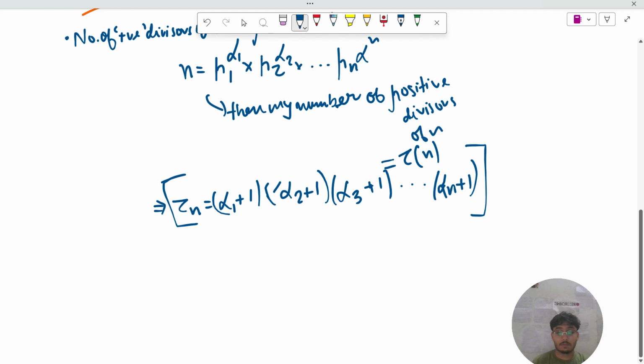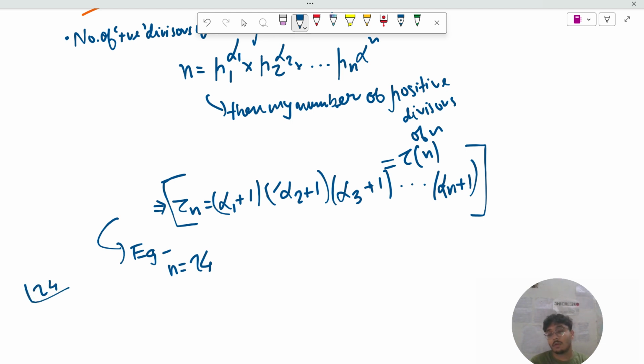For example, we will take a small example and see whether the result holds. Let n be 24. If I want to factorize 24, I go with 2, which gives me 12.